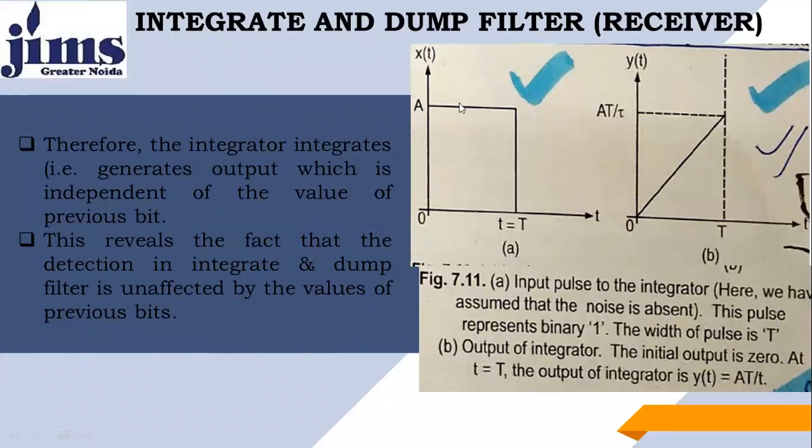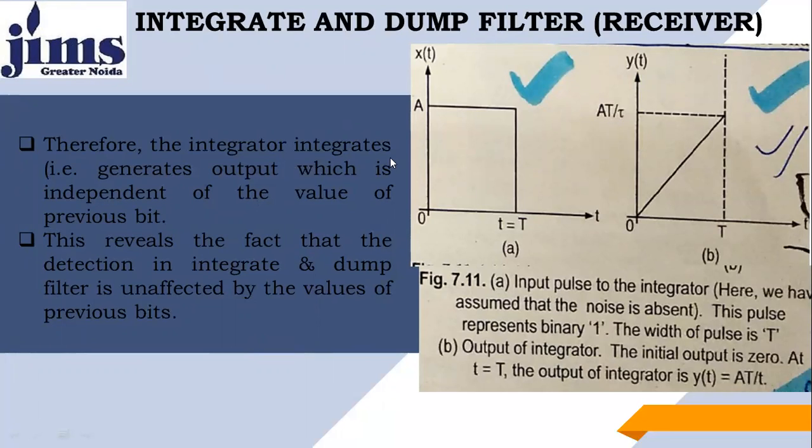So this is solely because of this particular voltage A, solely because of the signal power, right? And this is the output of the integrator, and on the basis of this output, which is y(t), that is AT/tau, the integrator takes the decision.